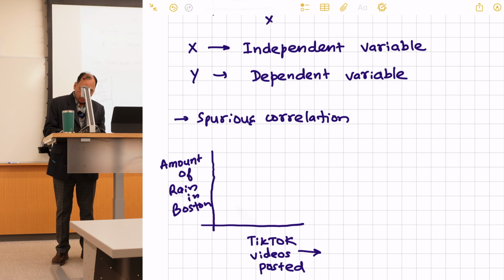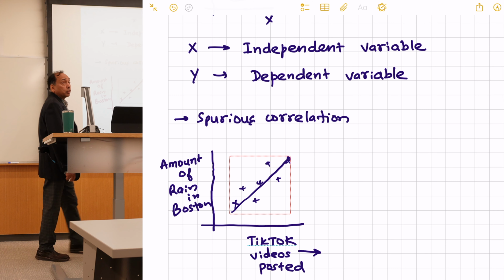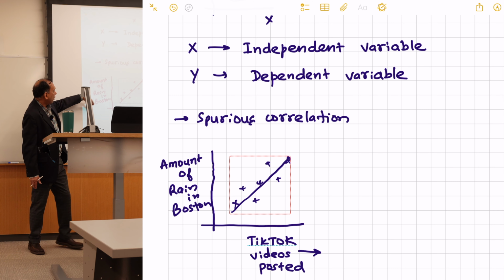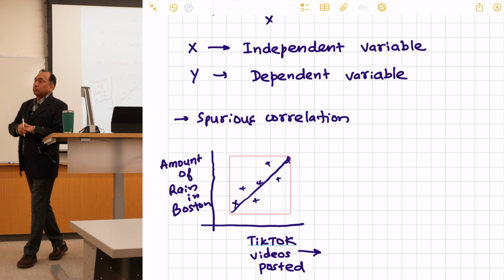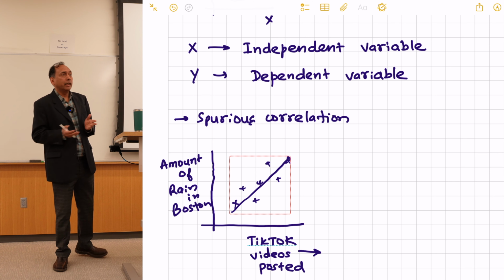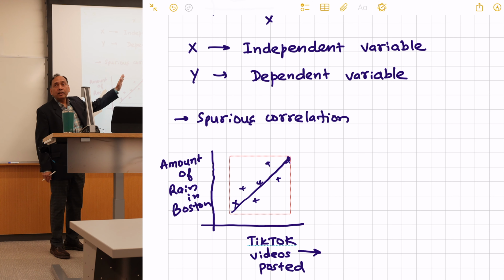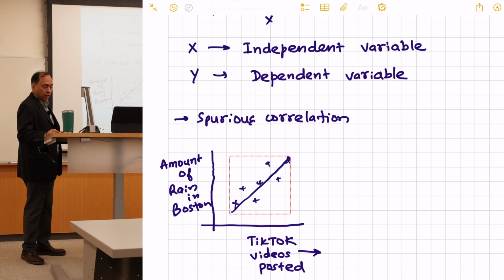You plot these two and you get this pattern, and it looks like a linear pattern. So now we cannot say that we are getting more rain in Boston simply because people are posting more TikTok videos. We cannot claim that, right? Because there is no connection between these two variables. It just happens that when you plot it on a scatter plot, it looks like a linear relation, which doesn't mean that they are related. So that's what is called spurious correlation.